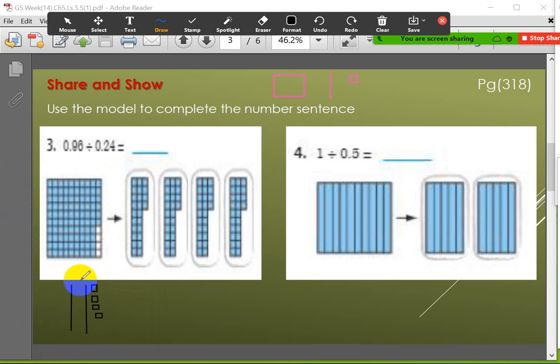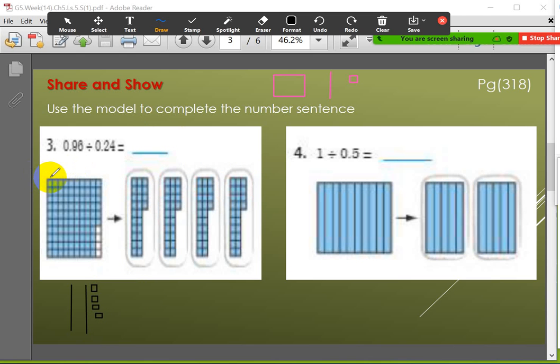Each group will contain this divisor. So I will take 2 longs and 4 little squares or little cubes in each group, and count the groups after that. The number of groups will be the answer for the division, or the quotient.